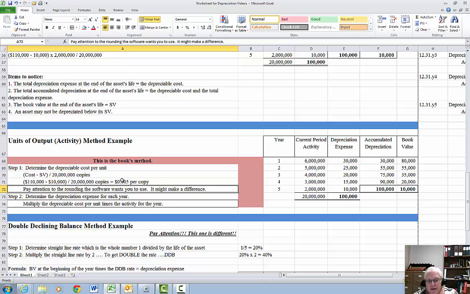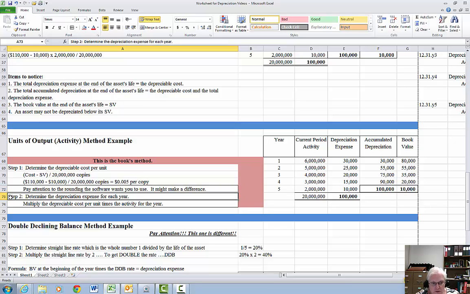In my case, I'm not going to round, to show you that you come up with the same answer. For this small a value I probably wouldn't round it at all anyway, but the book might round it to a penny per copy.